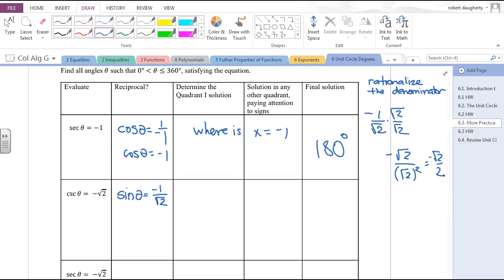Yeah, so where's the y value equal to square root of 2 over 2? 45 degrees. So this is talking about a 45-degree angle, but it's negative. Where is the sign negative? Yeah, so it's a 45-degree angle in quadrant 3 and quadrant 4. So tell me what those angles are.